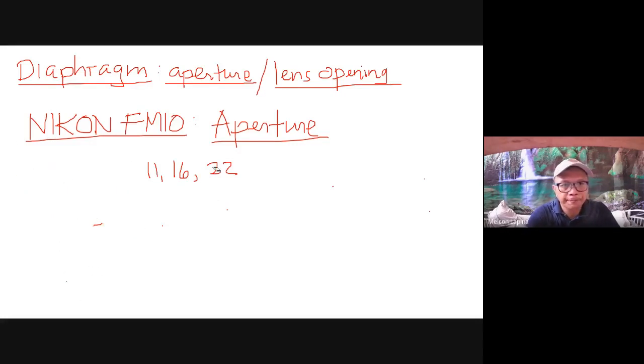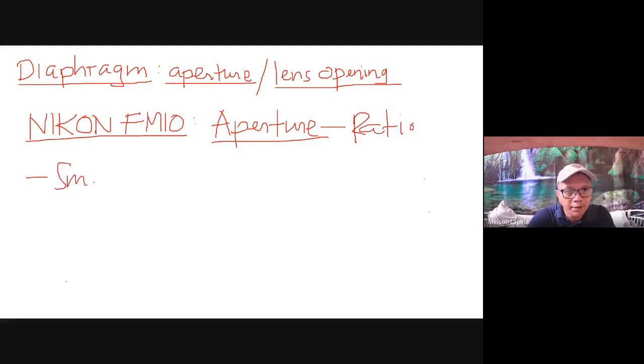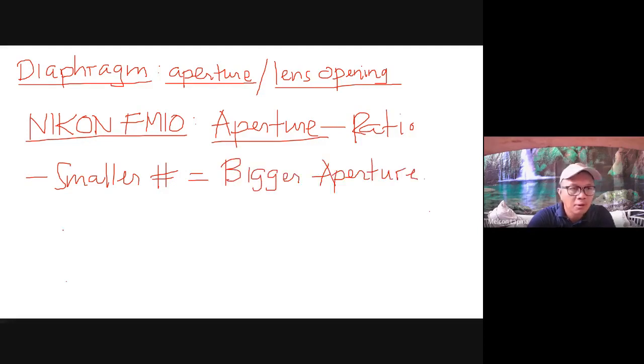So therefore, kung tingnan natin ang ratio, ganito ang ratio sa aperture, smaller number that is equivalent to bigger aperture. Whereas, if you have a bigger number, smaller aperture.